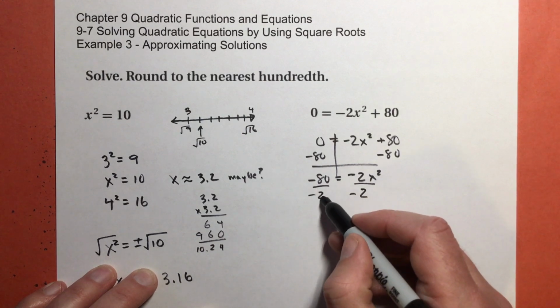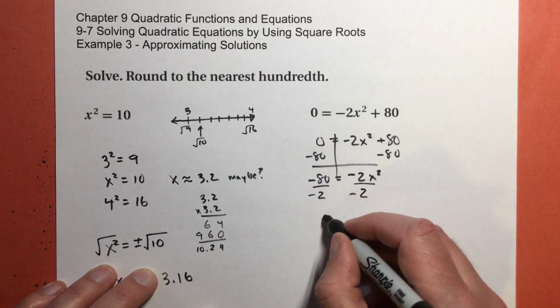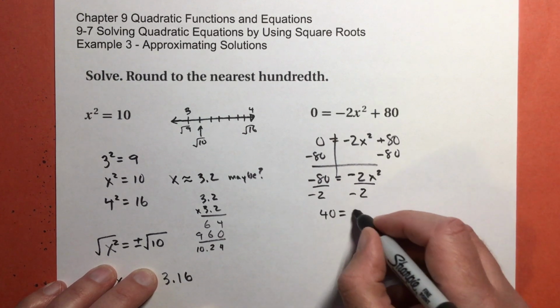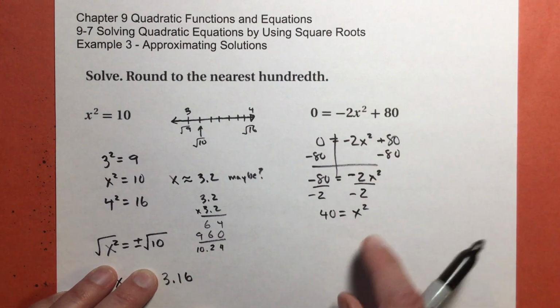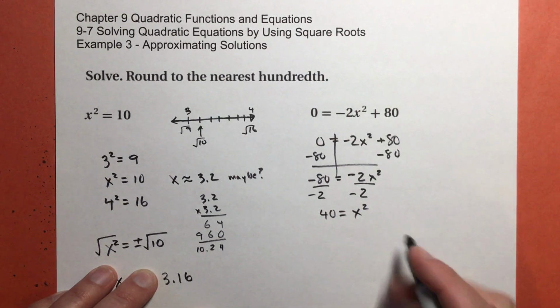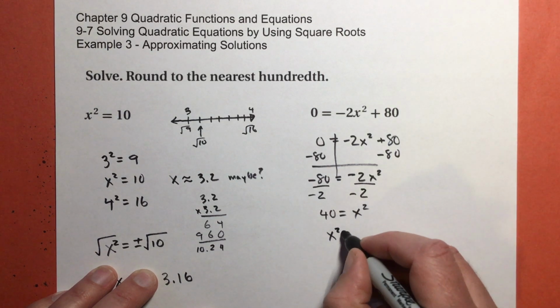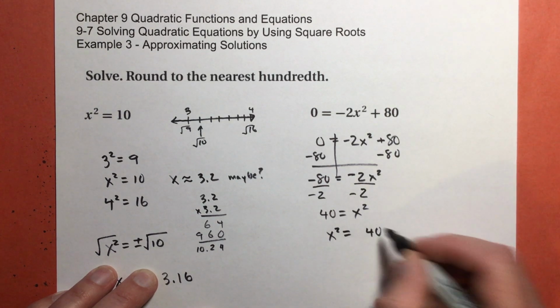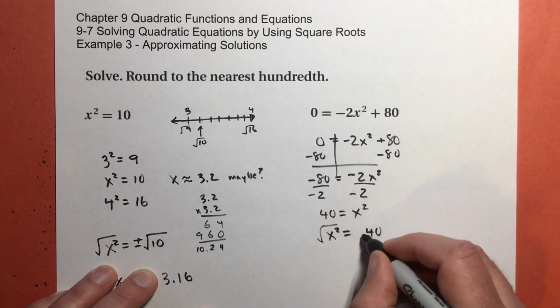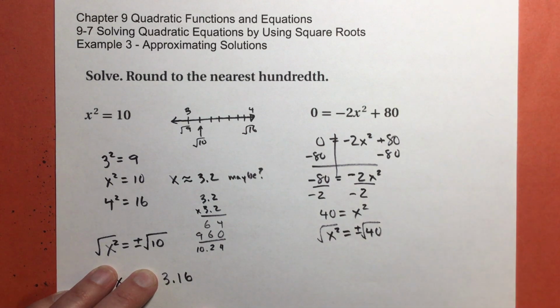And 80 divided by 2 is 40. Negative divided by negative is a positive. So I get 40 equals x to the second power. And just because every other time I have the isolated variable on the left side, I'm just going to turn this around. Take the square root, and don't forget I get two answers. One's positive, one's negative. Okay.